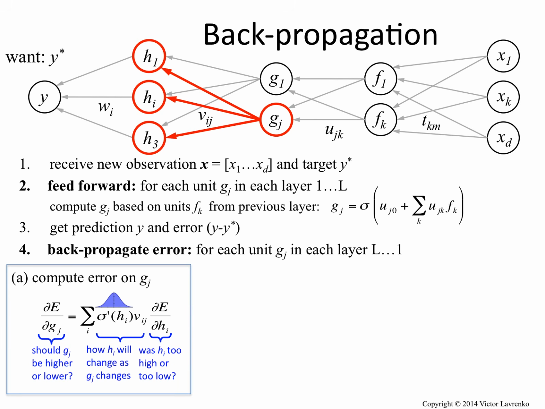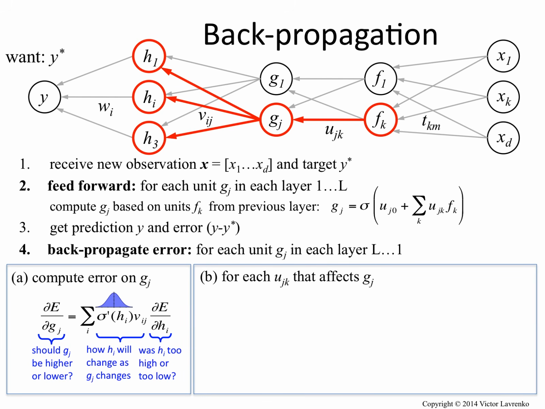Great. So now I know if I want G to be higher or lower. The next step is to update the weights connecting G to the nodes that feed into G. Now I want to figure out if that edge connecting Fk to Gj should be higher or lower.